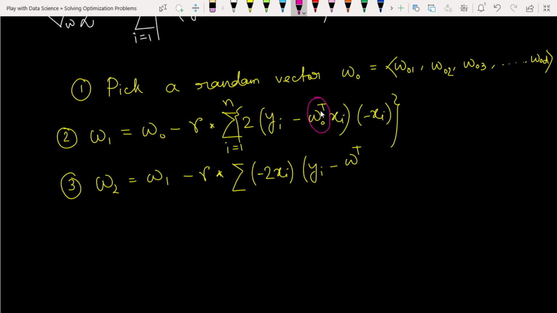So we are using w naught here. Here we are using w1, because we are going to calculate the value of w2.